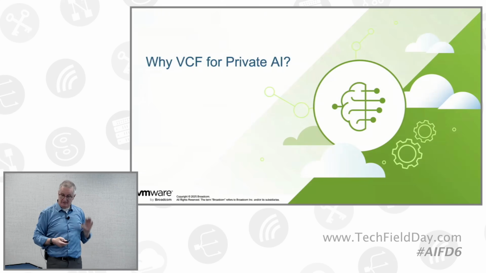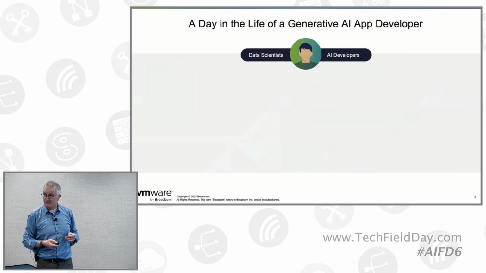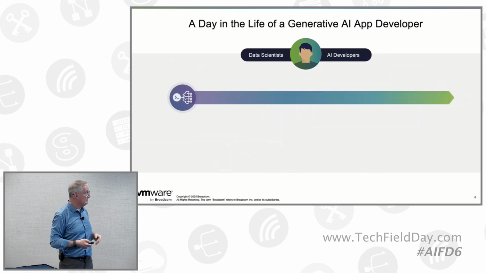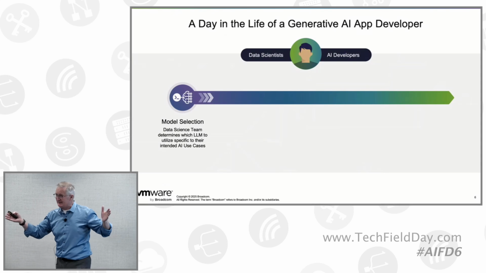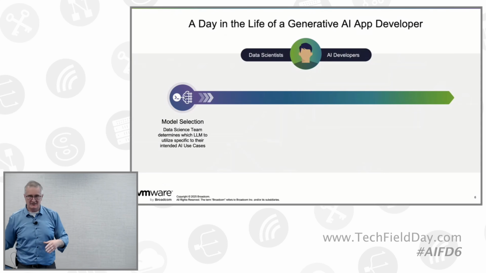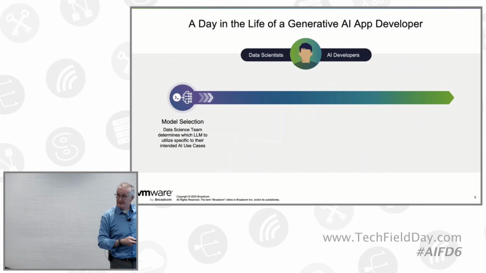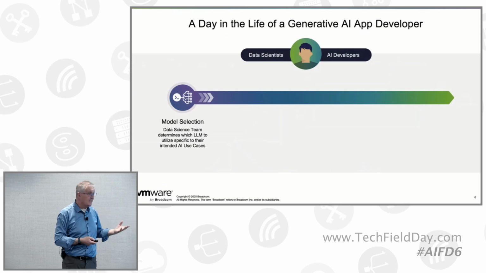Getting into a little more of the rationale here. What we see happening among data scientists and AI developers, and they're sometimes the same person, sometimes not, is everybody's in model selection. We have a prime example over the weekend of a new model selection to be done now. So this is almost a full-time job for a data scientist. Testing new things.